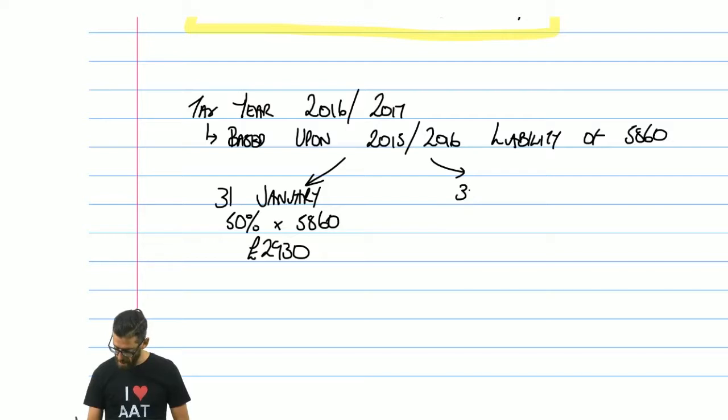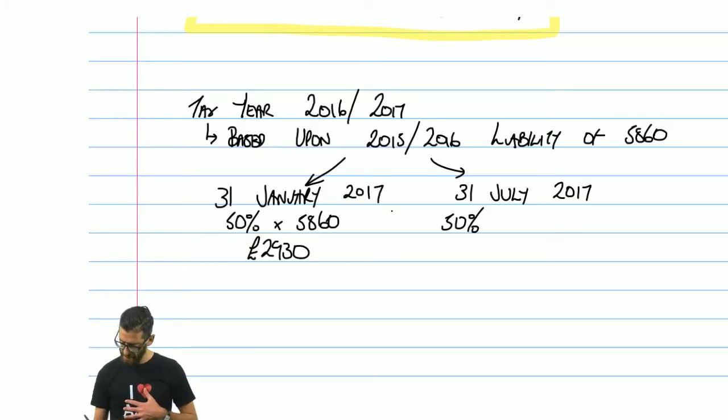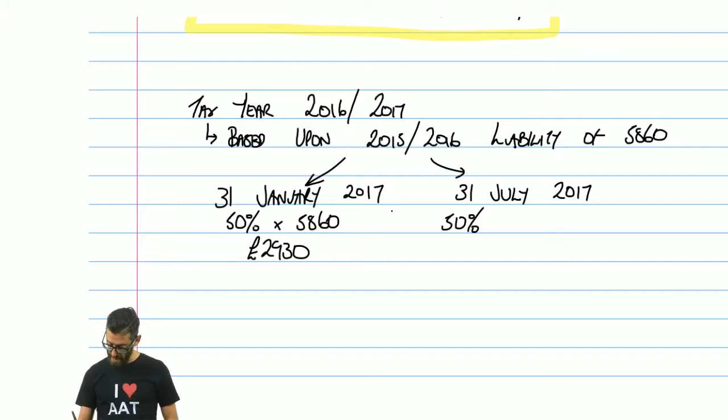And then on the 31st of July, 50%. And guys, this is 2017. This is our magic year. We are going to pay a further 50%, which will give us 2930.